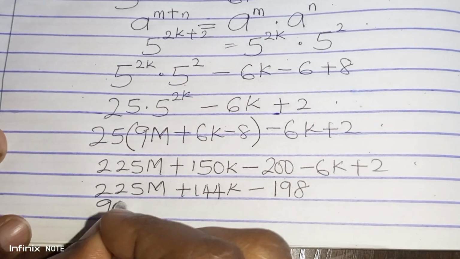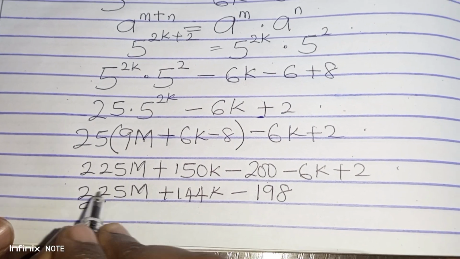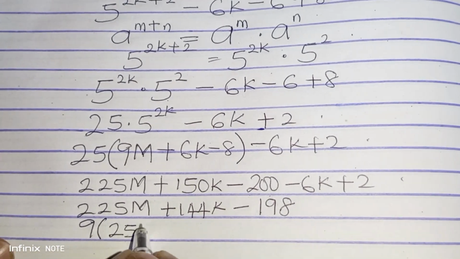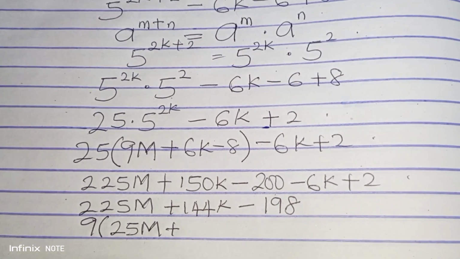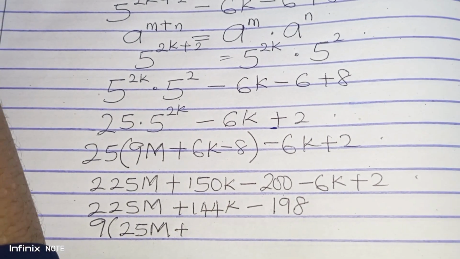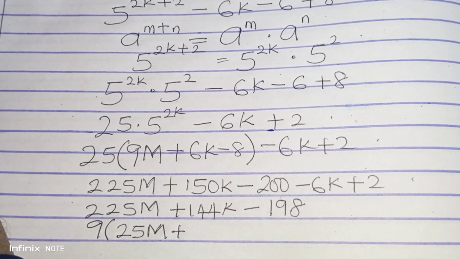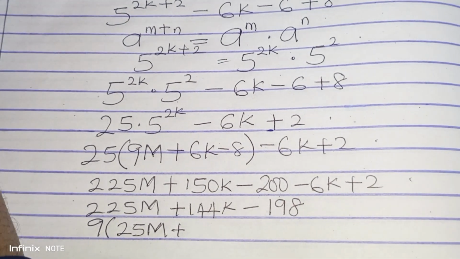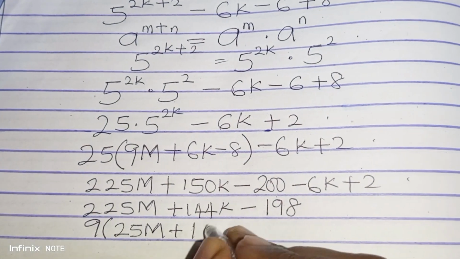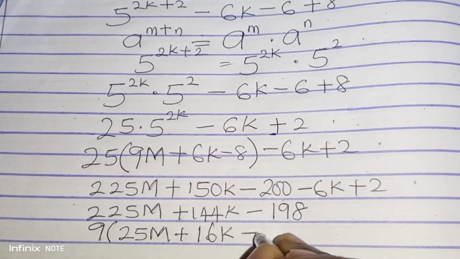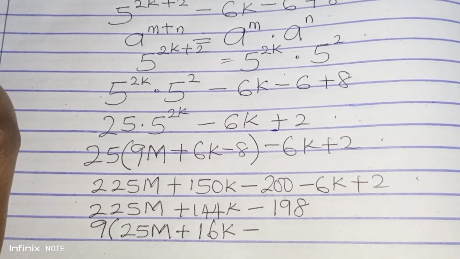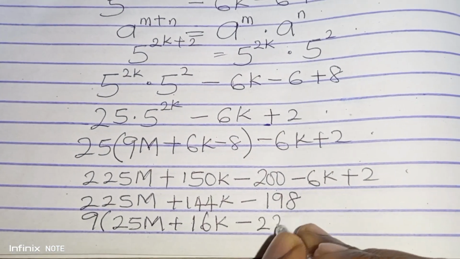So 9 into brackets. How many 9s can I get from 225? That is 25. So I have 25m plus 144 divided by 9. 144 divided by 9 is 16. So I have 16k. Then minus 198 divided by 9, that is 22, minus 22.